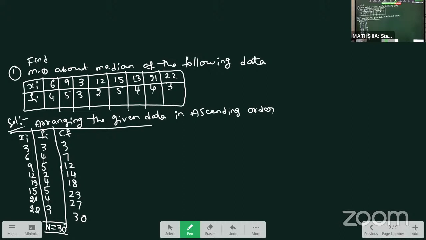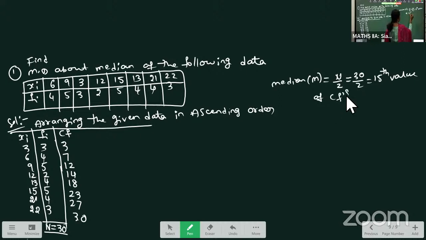Cumulative frequency we got. Then, in grouped data, what is median? Median is denoted by capital M. First, you have to find n by 2 value. What is n by 2? 30 by 2 means the 15th value of cumulative frequencies xi.